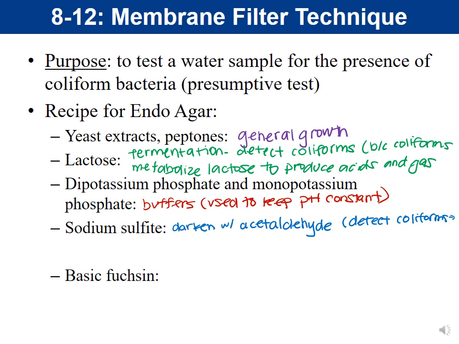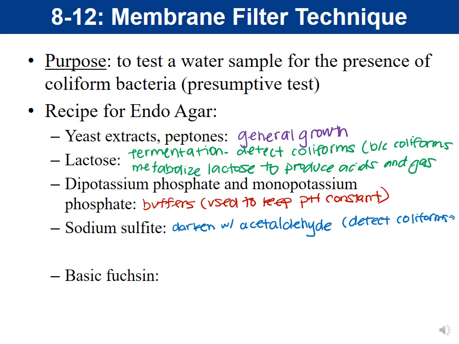So if the lactose is metabolized, right, if the lactose is used as a food source and it's fermented, the lactose is going to get broken down into glucose. Glucose is going to get broken down into pyruvate. Pyruvate is going to be decarboxylated. It's going to remove a CO2 and it forms acetaldehyde. So if there's acetaldehyde in the media, the colonies are going to darken.